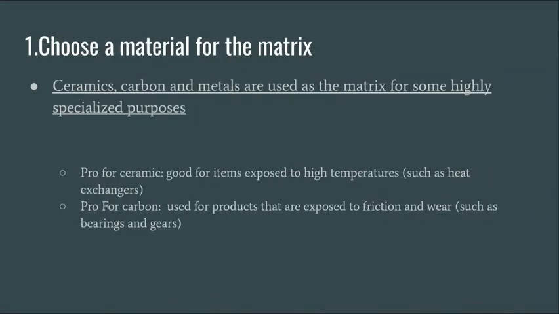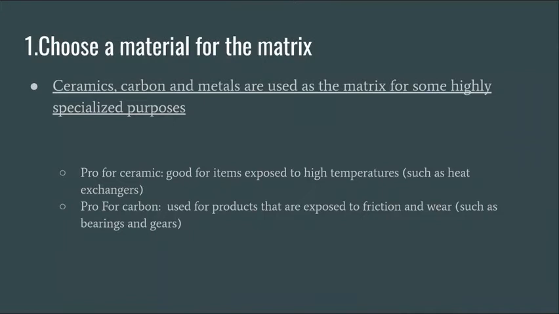The ceramics, carbon, and metals that we talked about in the last class are used as the matrix for some highly specialized purposes. So ceramics are good for items that are going to be exposed to high temperature because they won't be worn by those high temperatures. An example of a ceramic matrix composite would be heat exchangers.